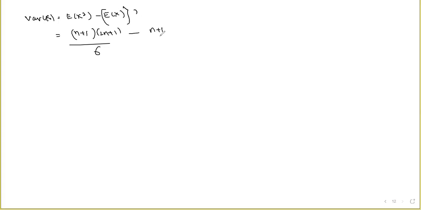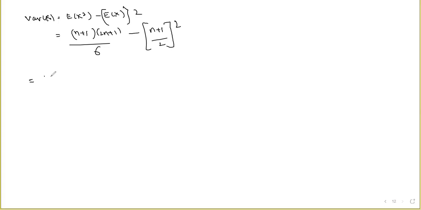So now to find out the variance of x, it equals expected value of x square minus expected value of x whole square. Expected value of x square, what we got? n plus 1, 2n plus 1 by 6, minus expected value of x whole square, which is n plus 1 by 2 whole square.